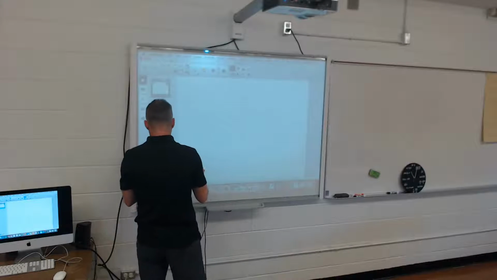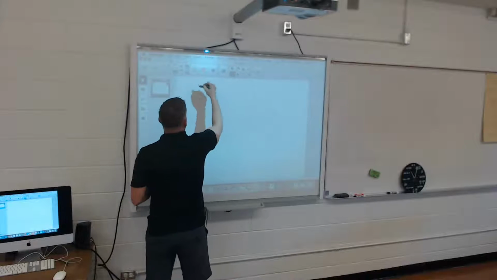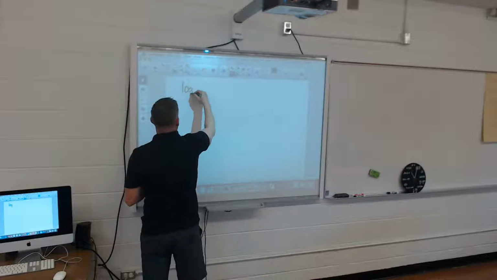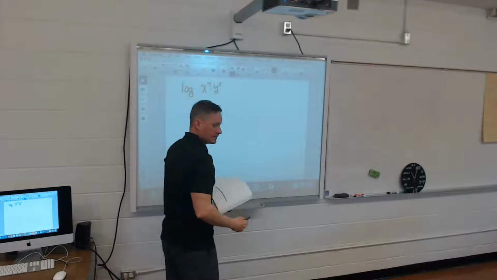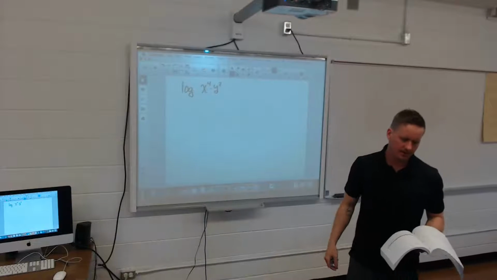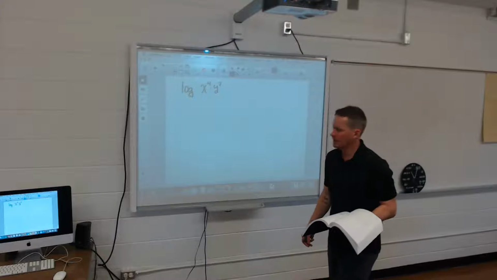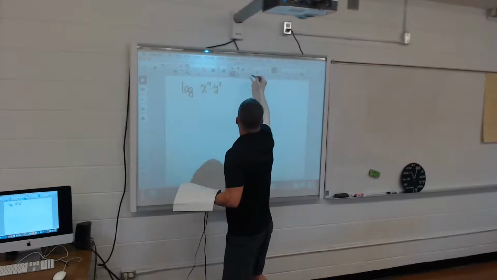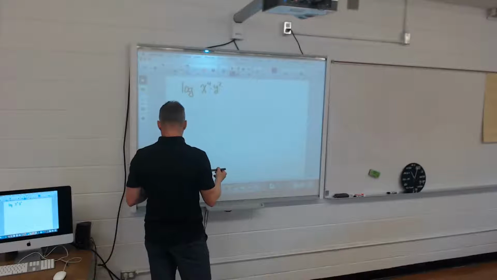Okay, so we have to write this as a single logarithm. I'll do a couple things at the same time. So log of x to the 4th y squared, and I transferred that through the brackets.